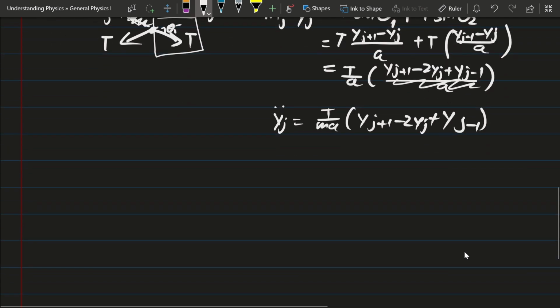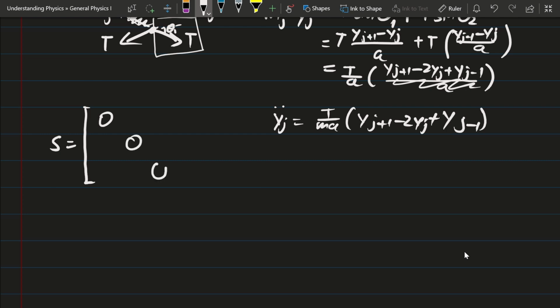So now what? Here's the thing that I'm going to be bringing up, which will be diving much deeper into the mathematics. If you realize here that our physical system has translational symmetry, I will call the translation operator S, which is 0 on the diagonal and then 1 above it.